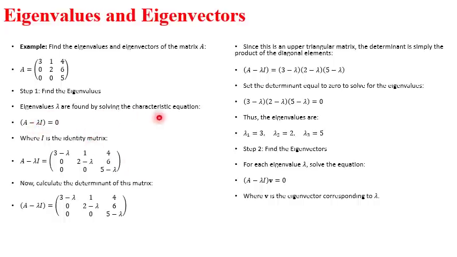Of course, the off diagonal elements are all 0. Because of that, subtracting that from matrix A will simply mean we are subtracting lambda from the diagonal elements, which will be 3 minus lambda, 2 minus lambda, and 5 minus lambda, as these are the diagonal elements. So basically this transforms to this.